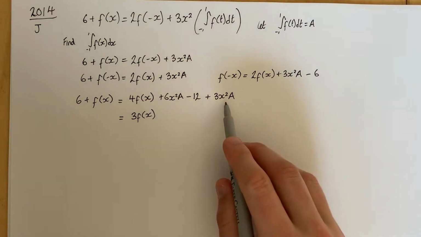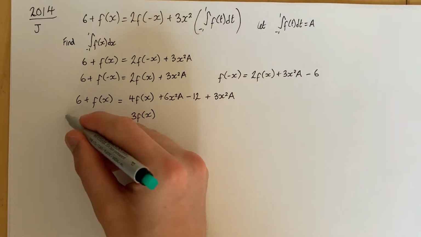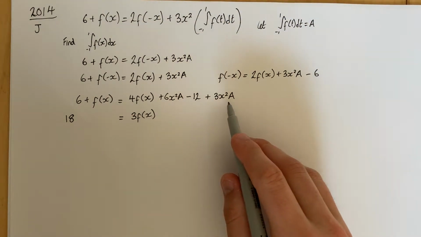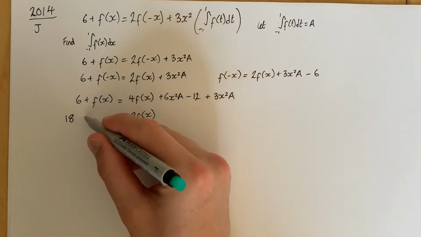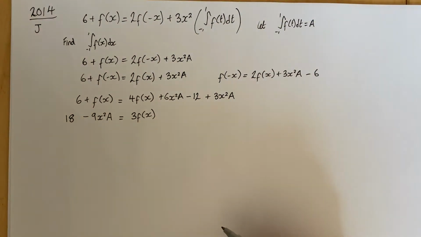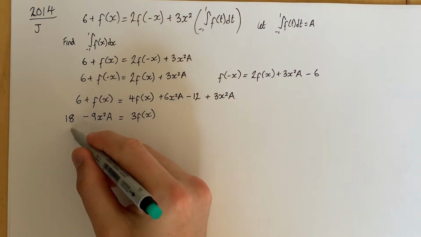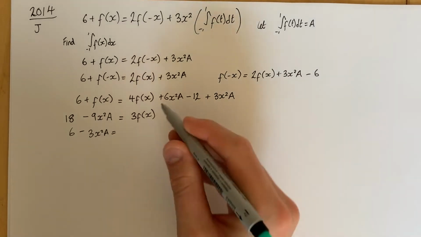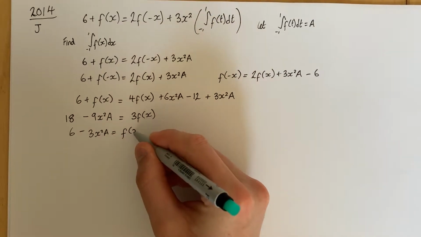I've got 12 here, so bring that over, giving me 18. I've got 6x squared a and 3x squared a, so it's 9x squared a, but bring it over, so minus 9x squared a. I'll then divide everything by 3, so I get 6 minus 3x squared a equals f of x.